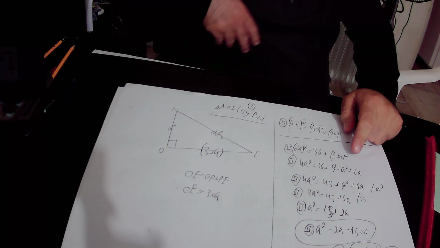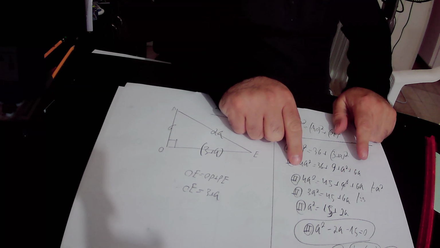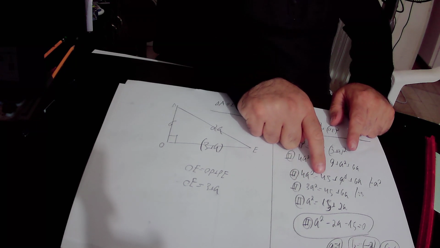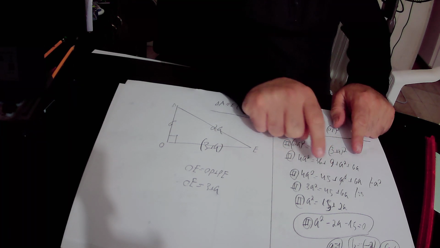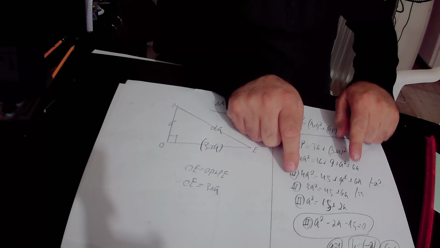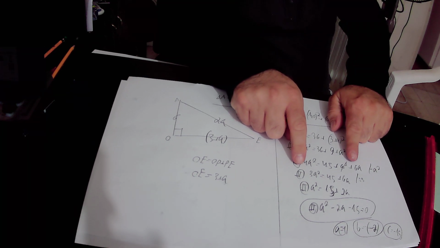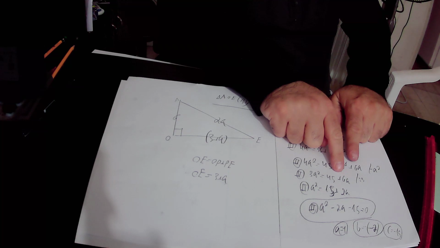We subtract A squared from both sides: 4A squared minus A squared is 3A squared, and it is equal to 45 plus 6A. We divide the equation by 3, and we get that A squared equals 15 plus 2A.